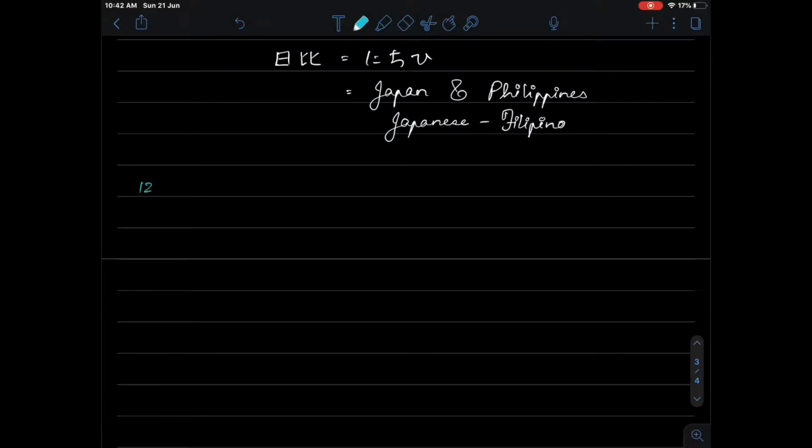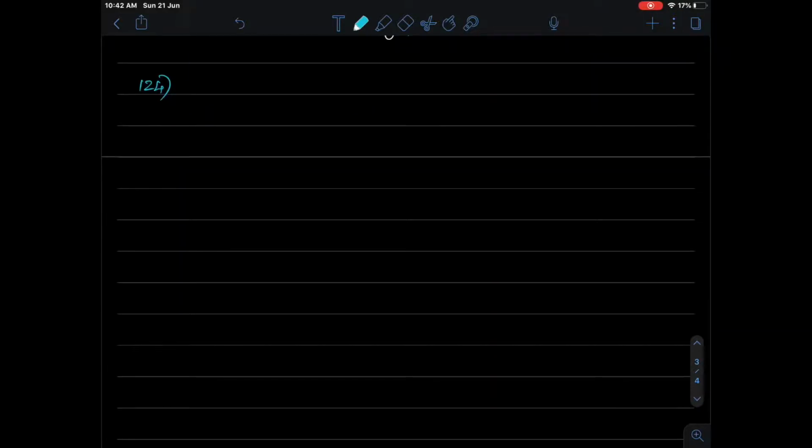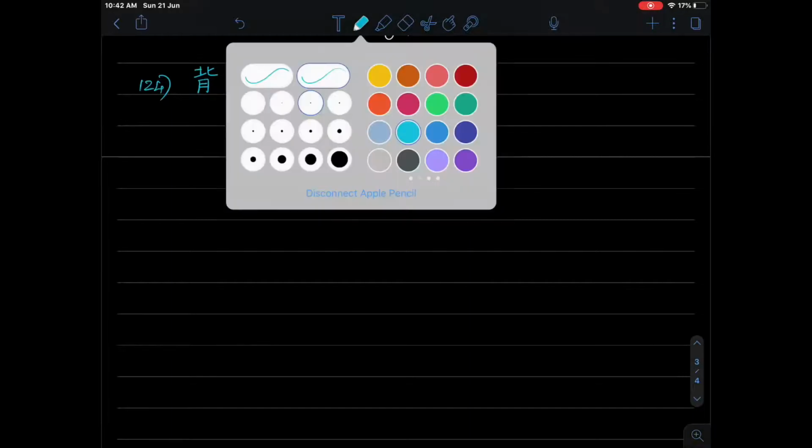Alright, now let us do the next kanji, number 124. This is number 124. 1, 2, 3, 4, 5, 6, 7, 8, 9.